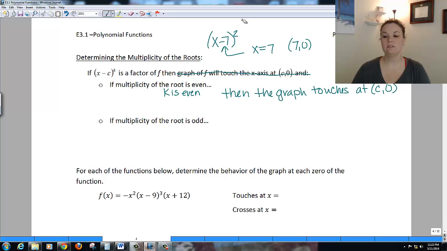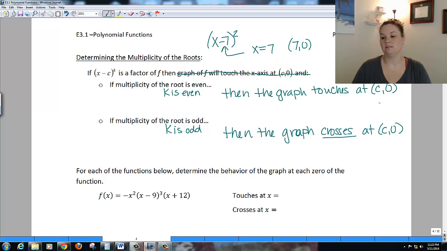Okay? So if k happens to be odd, then the graph crosses at (c, 0). So this would be like if I had something like x minus 7 to the 5th power.